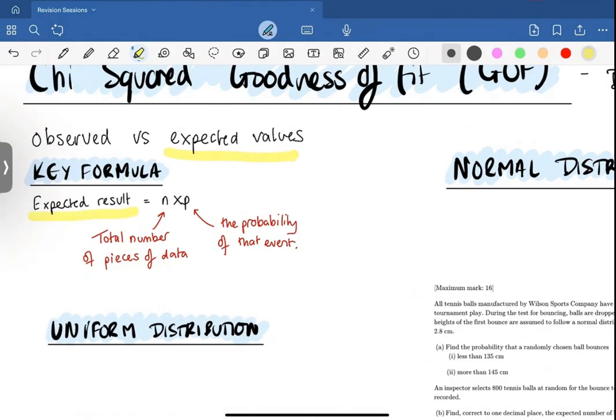This is one that's in the formula booklet, where if you want to work out the expected number of things that would happen if you know a probability and the total number of trials, you take the total number of pieces of data. So let's say I surveyed 100 people. I would take 100 and then multiply it by the probability of that event happening. Now, this is more for the normal and binomial, because for uniform, we're going to do something slightly different.